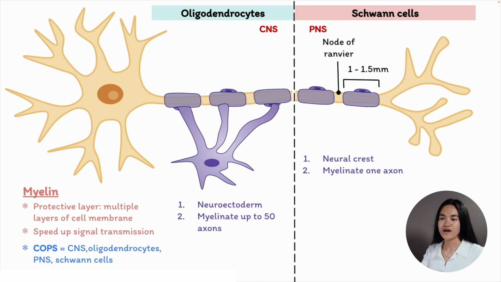Now, lastly, what happens to these cells when they are demyelinated? We've already mentioned before that when the myelin sheath is destroyed, signal transmission is disrupted, and this can lead to physical or mental disability. In people with multiple sclerosis, MS, oligodendrocytes are damaged. This is a process known as demyelination.